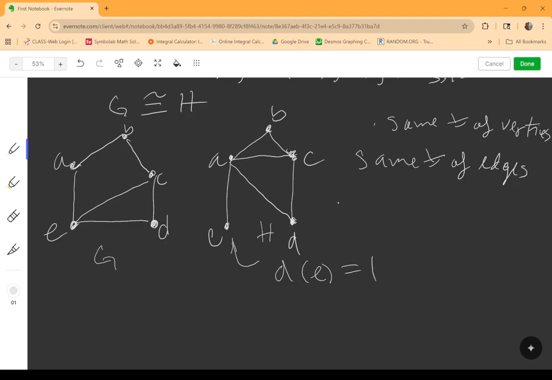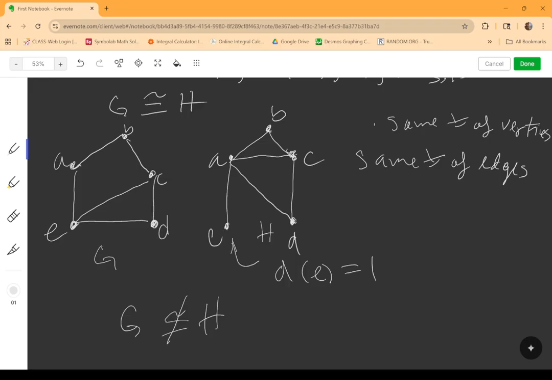Only one edge is going into it. If I look at my other graph G, nowhere does a vertex have a degree 1. At minimum, every vertex has a degree 2 or greater. So I know that that will not be preserved in our one-to-one correspondence, so I cannot have a bijection. So here, G is not isomorphic to H.